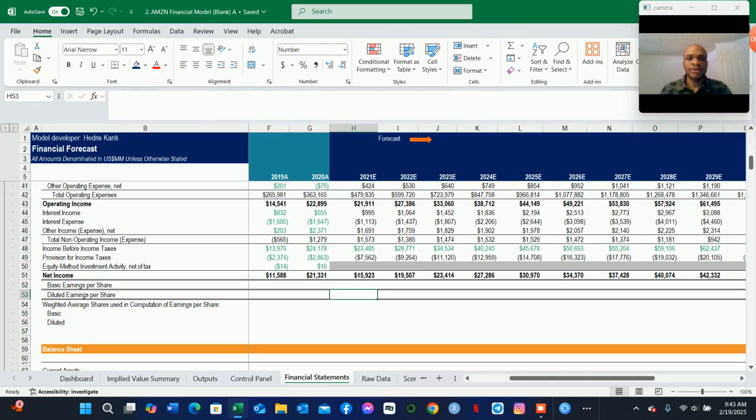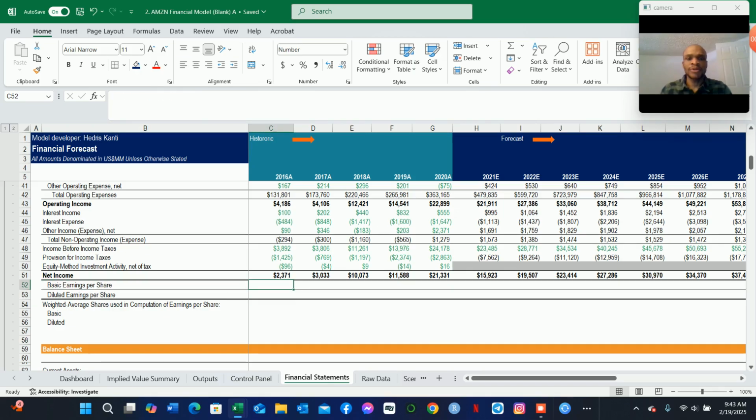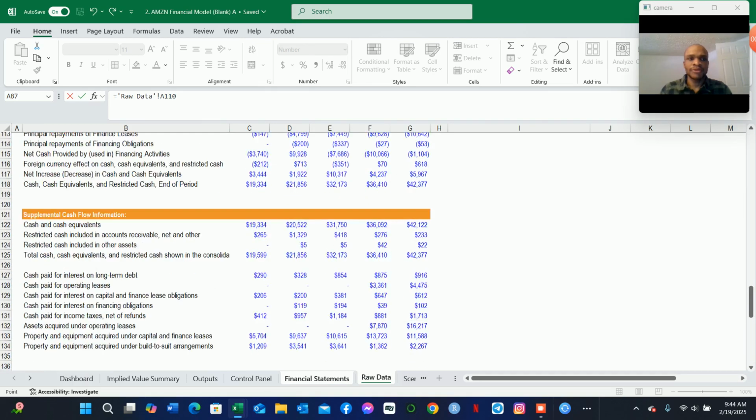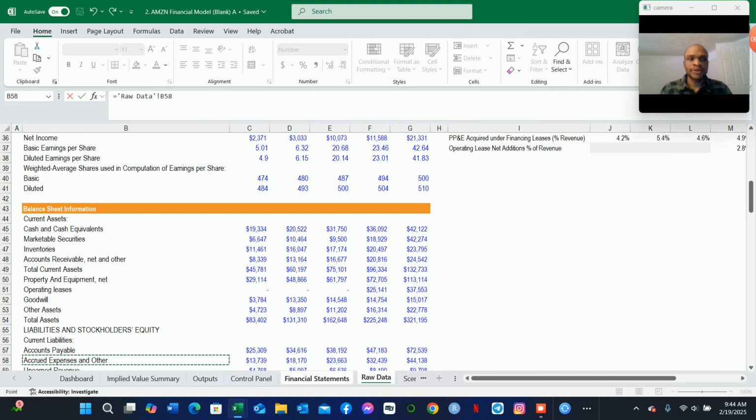And now we can come back to conclude on the basic earnings per share. So in this case, let us link to our raw data tab.